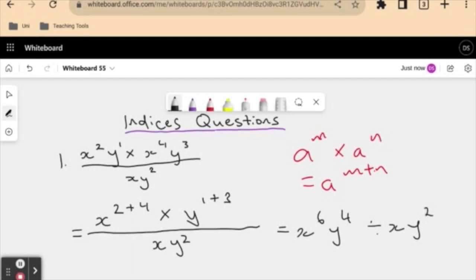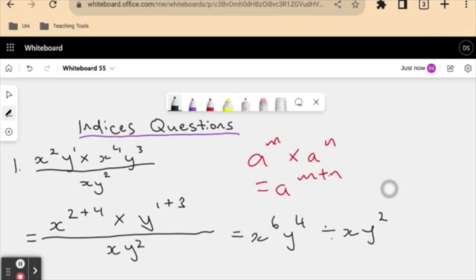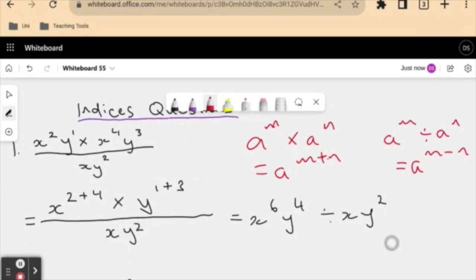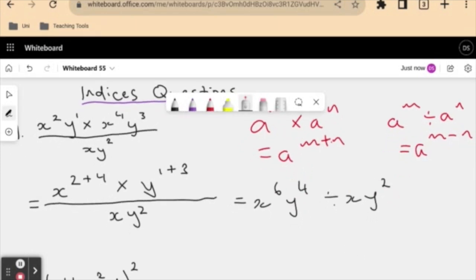Now, when we're dividing, you may remember from the indices laws we established in the last few videos, dividing the same bases gives us the equivalent of just subtracting the powers. So I have x to the power of 6, x to the power of 1, y to the power of 4, and y to the power of 2.